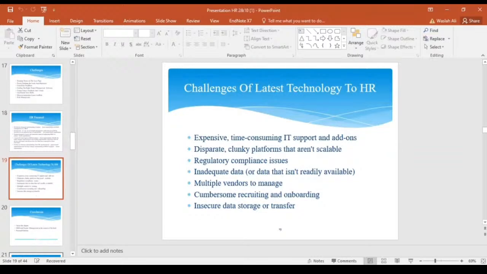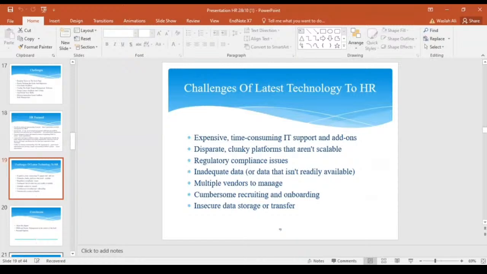Challenges of latest technology to HR. As we know, we are living in the 21st century and technology is changing day by day. So we should keep these challenges in our mind while executing any project.